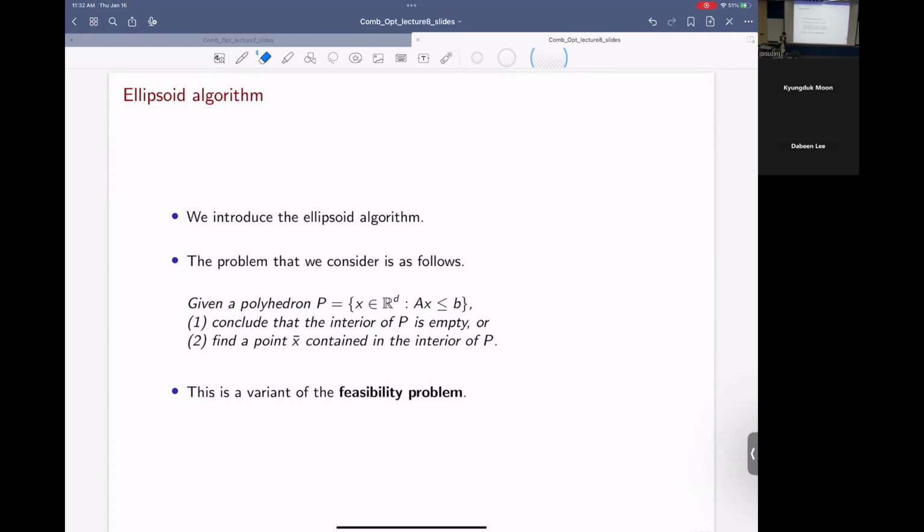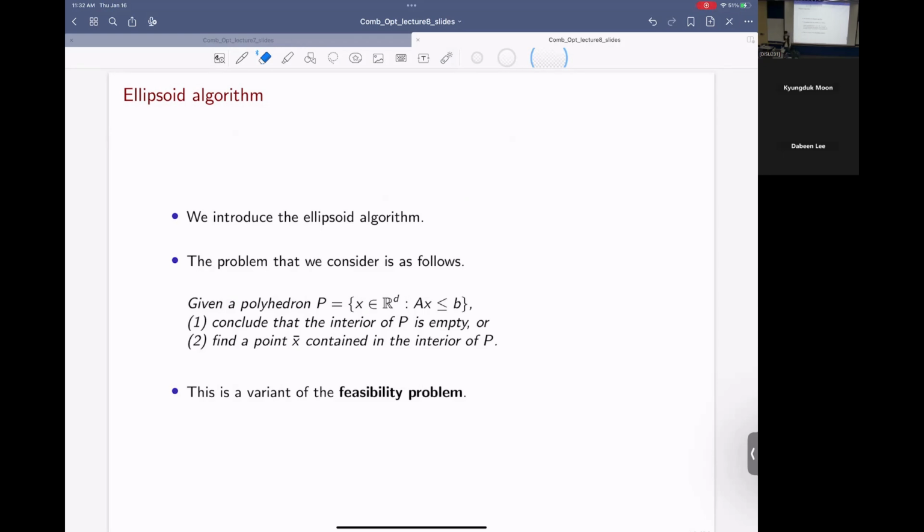What it means is, if the corresponding LP is feasible, I want to find a feasible solution, or I want to prove that there's no feasible solution. And this is called the feasibility problem.